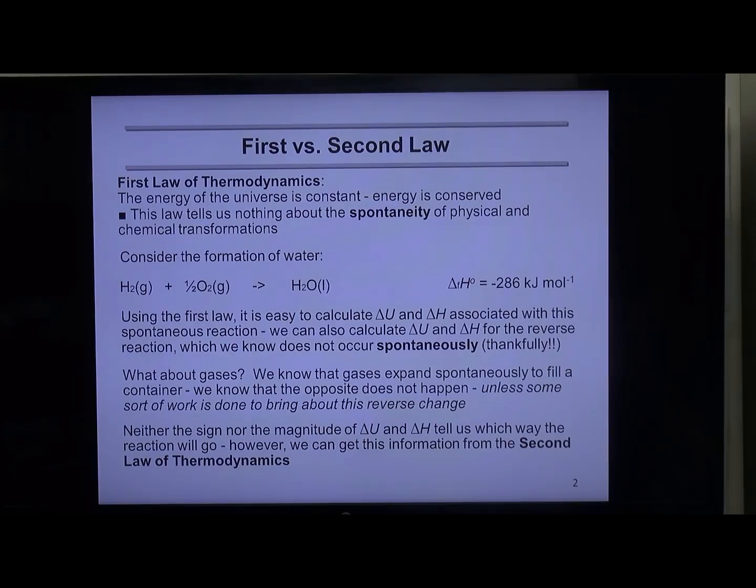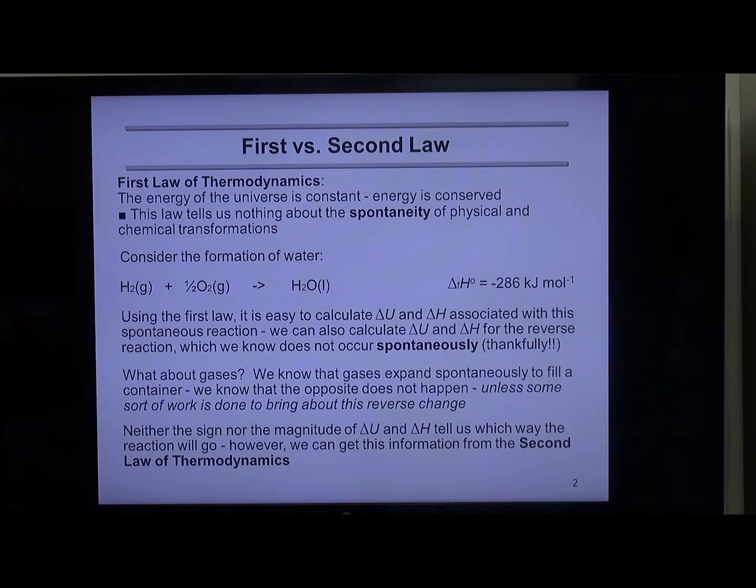There's an opposite example. For example, vaporization of water. If you have water in the liquid state, it vaporizes spontaneously in air, right? And vaporization is an endothermic process. It absorbs energy. Endothermic reaction is spontaneous. Exothermic reaction is spontaneous. How about mixing gases?